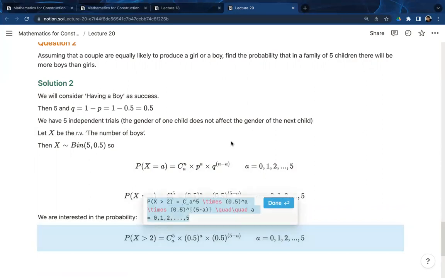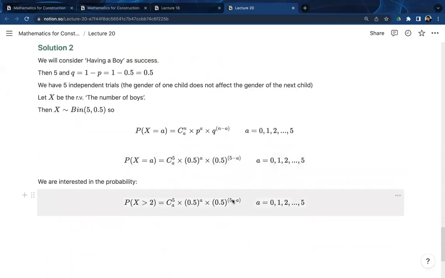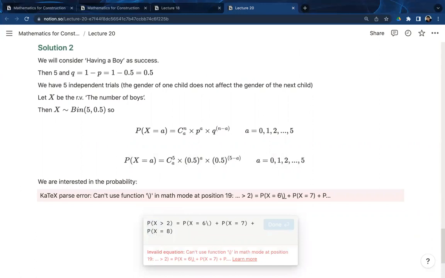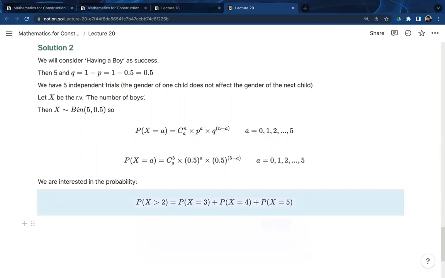Which means what? So to have more boys than girls, either I have 3 boys or 4 boys or 5 boys. And the number of boys outside of this is 0, 1, or 2. Okay, so you have to calculate 3 different things, right?